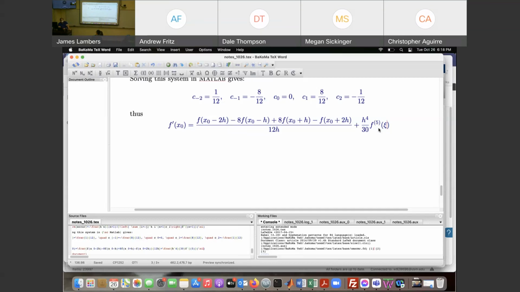The difficulty there is that instead of using points just near x naught, you're using a large number of points, and it can be very accurate, but it's less efficient. So it is a double-edged sword. Numerical differentiation seems like a simple thing to work out, but there are a lot of difficulties that can come about.